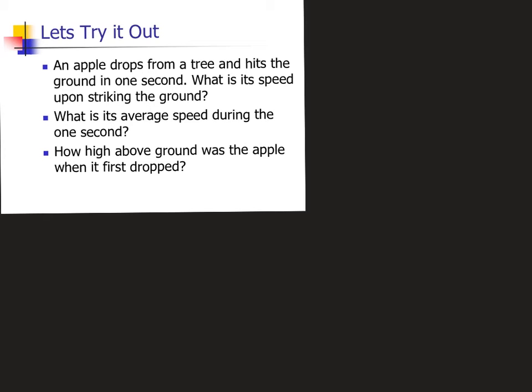Okay, so maybe I'll draw a little tree here. Okay.